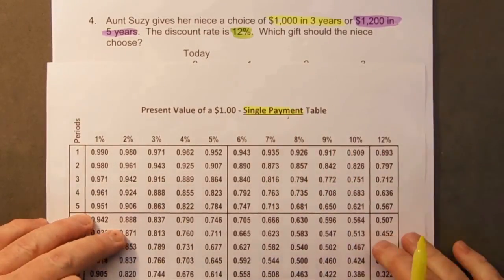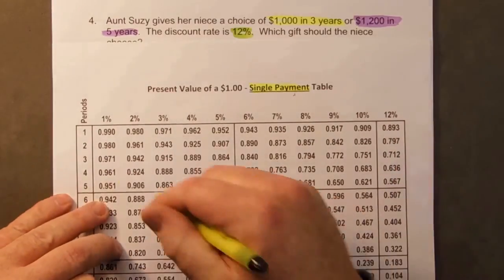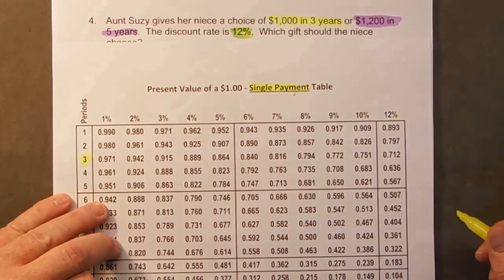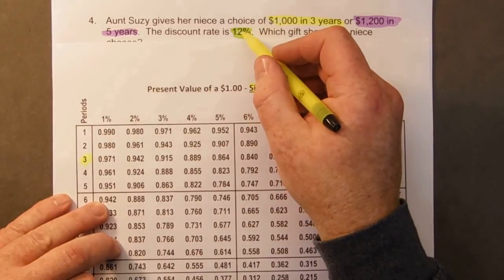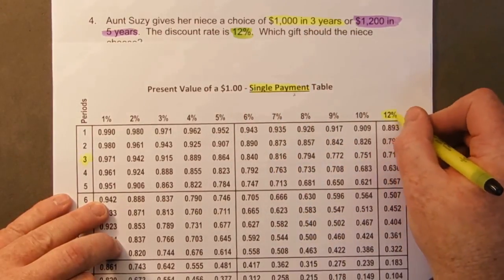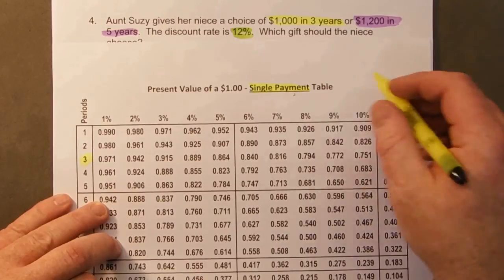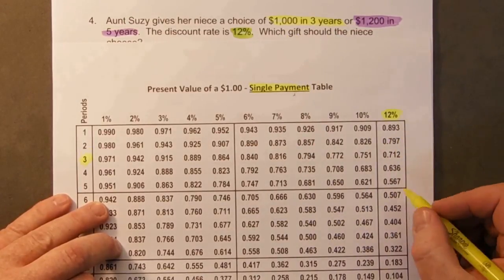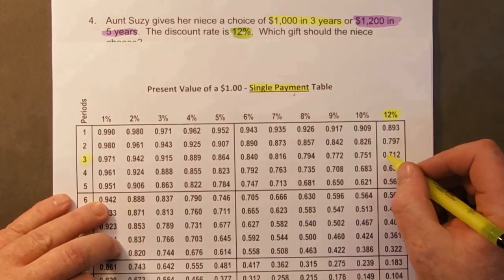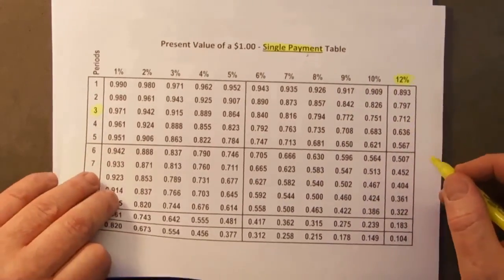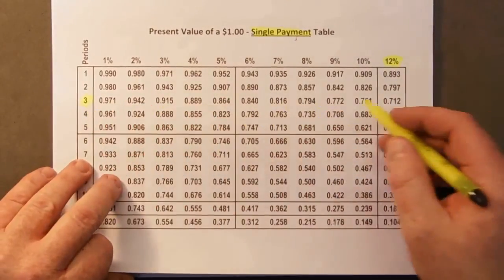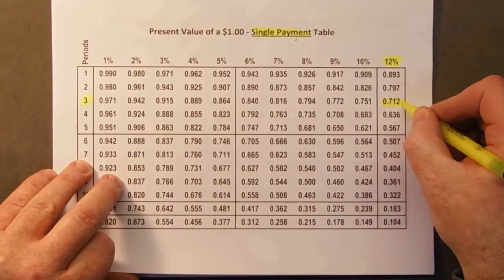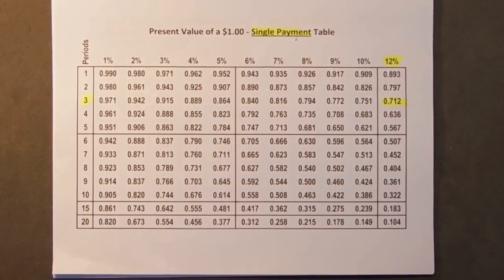Make sure you're on the single payment table again. 3, 12%, equals $0.712. So each dollar is going to be worth around 71 cents today.